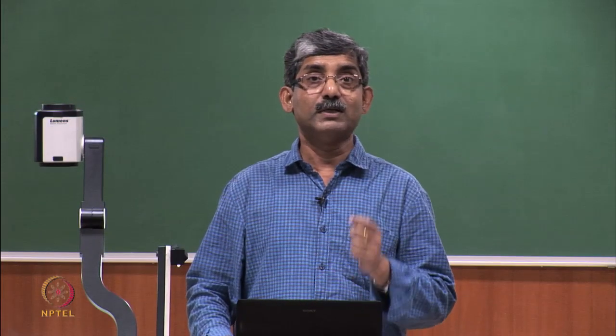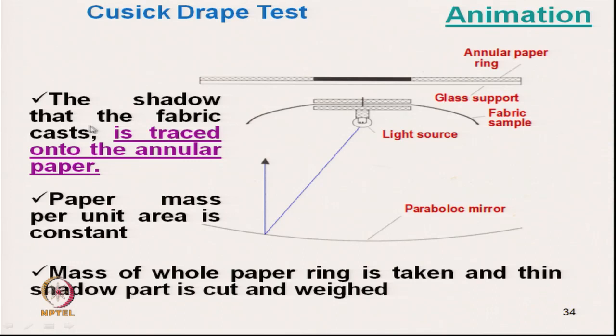Now, the principle is that the shadow that the fabric casts is traced on an annular paper. The annular paper is placed here above the support plate, and the diameter of this annular paper is equal to that of the support plate.